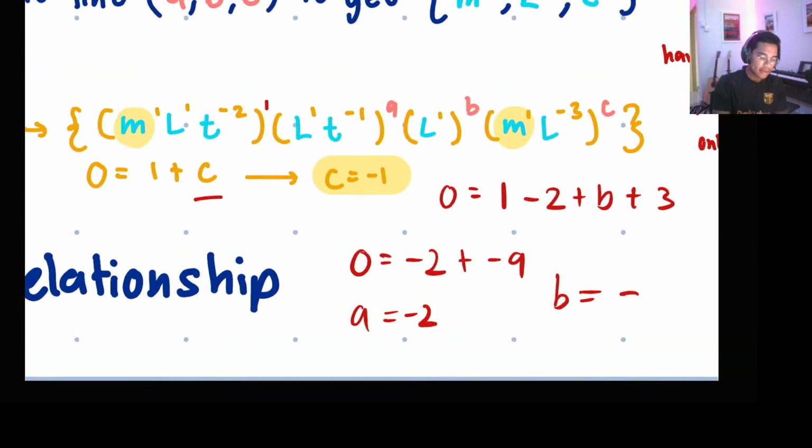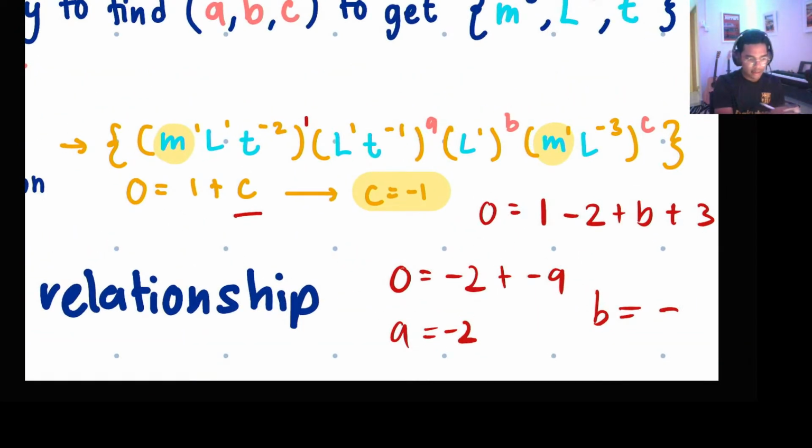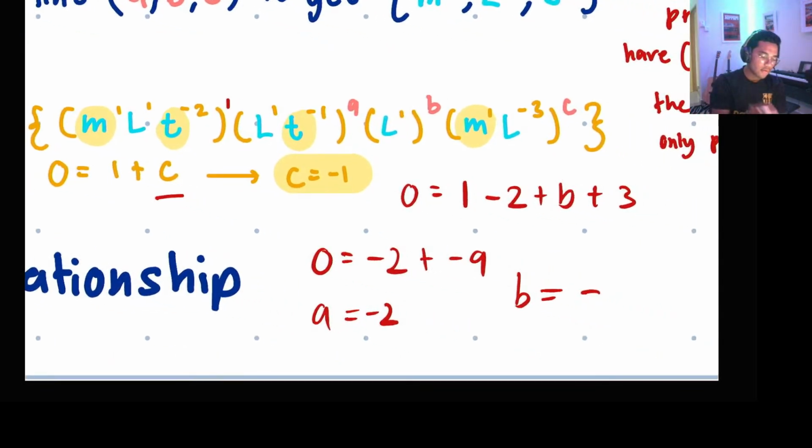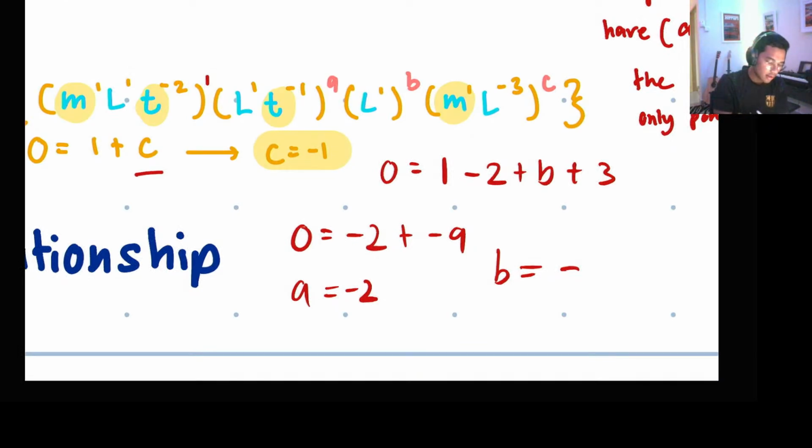Once you find c, you can easily find the others. Let's pick T. T also appears only twice in this parameter. So there's T negative 2 and also T negative a. So a is equal to negative 2.